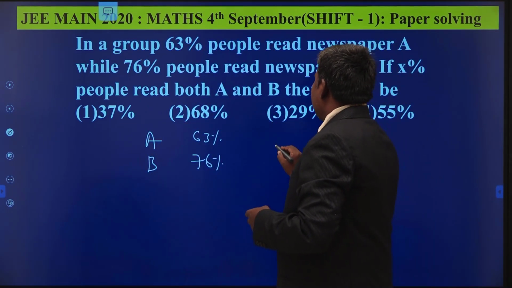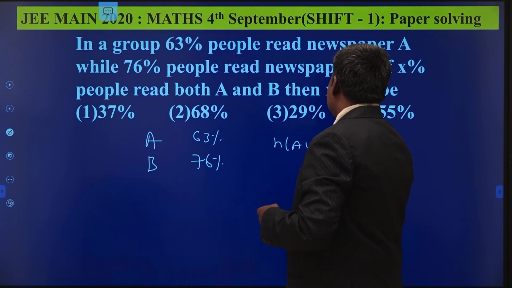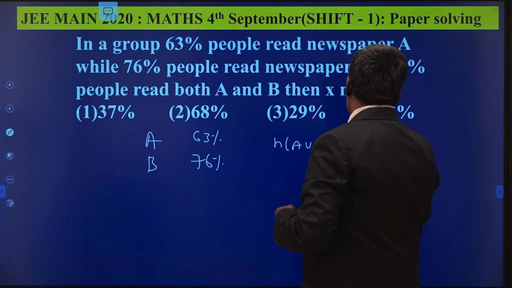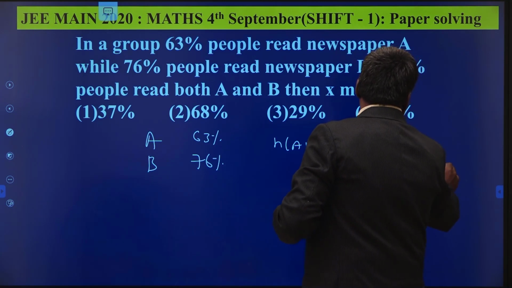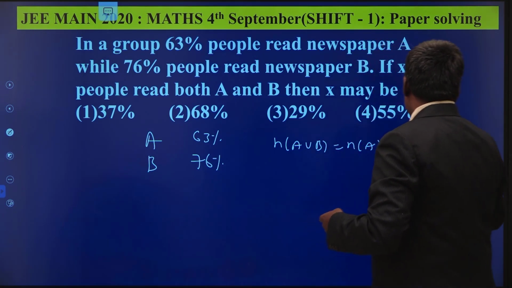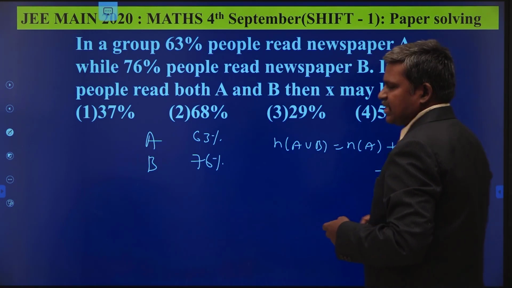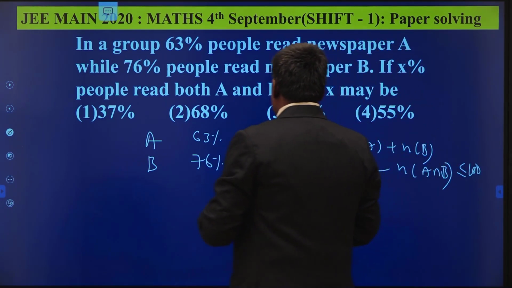So n of A union B, you know that n of A plus n of B minus n of A intersection B. This is always less than or equal to 100% when you take in the percentage form.